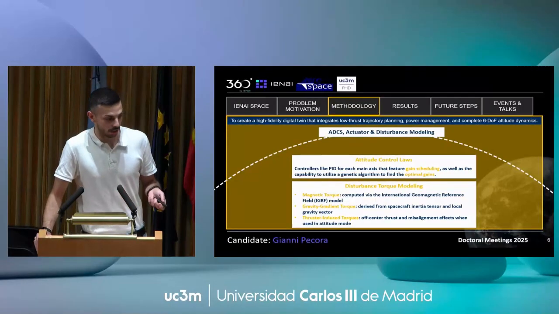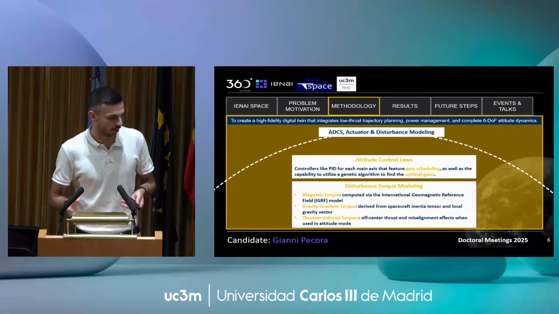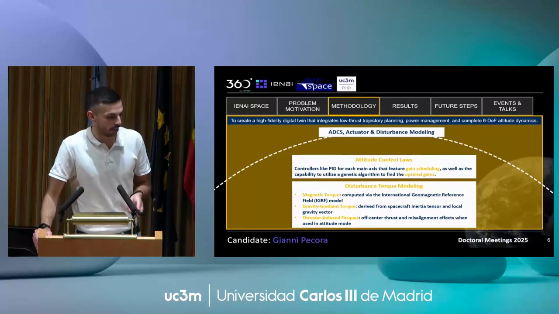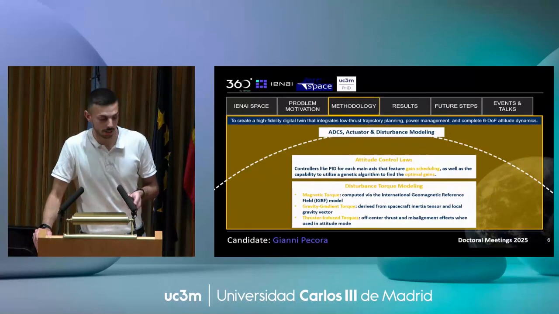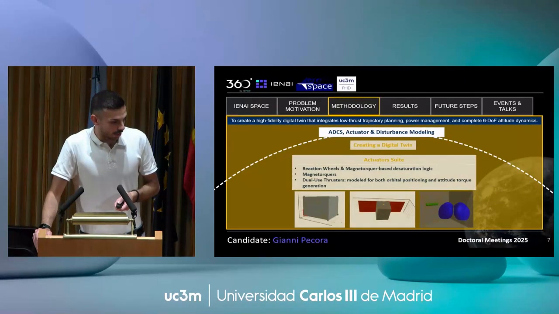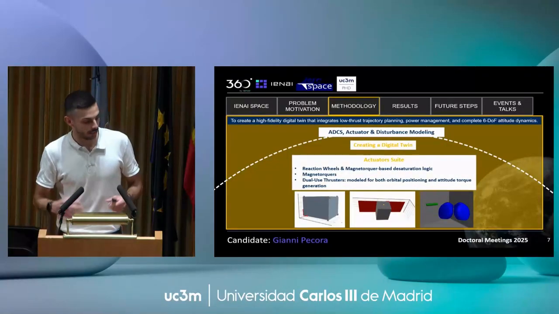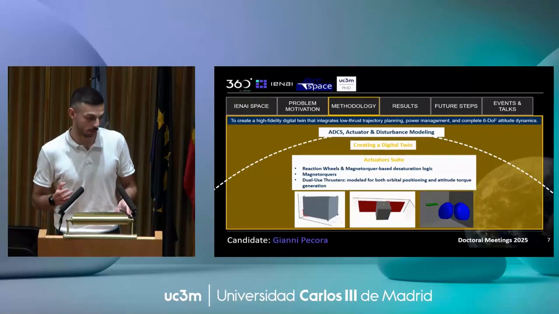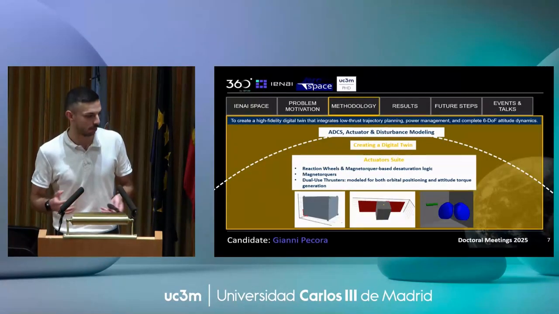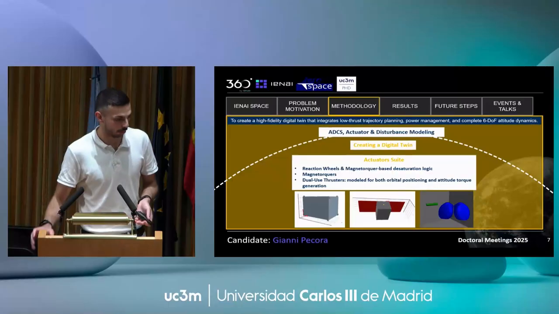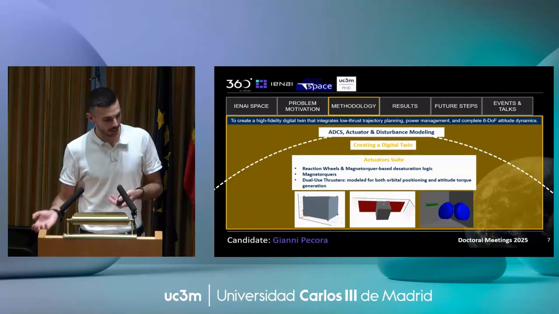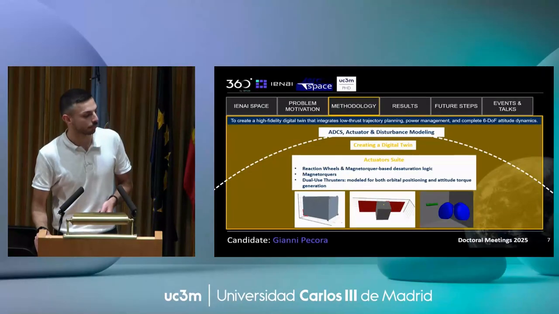And also control laws like PID, and I also found a way to find the right weights using a genetic algorithm. And then I started to create the digital twin of the actuators, so the reaction wheels, the magnetorquers, both for the saturation of the reaction wheels but also for attitude control, and also thrusters, both used for positioning and attitude torque.